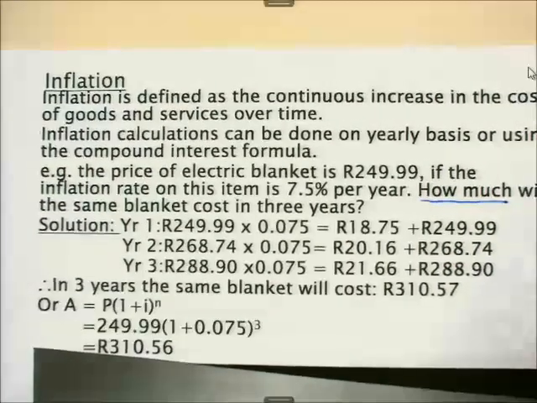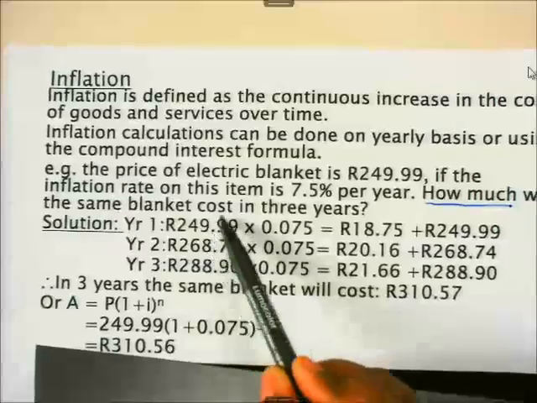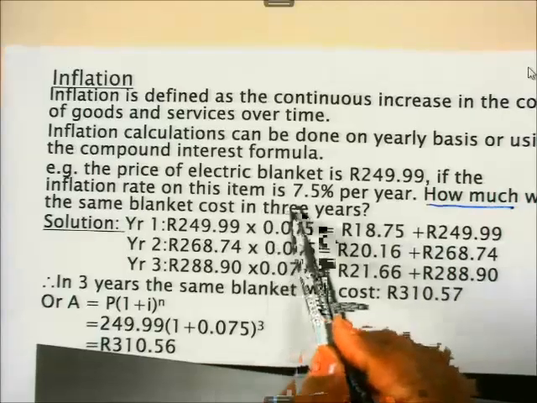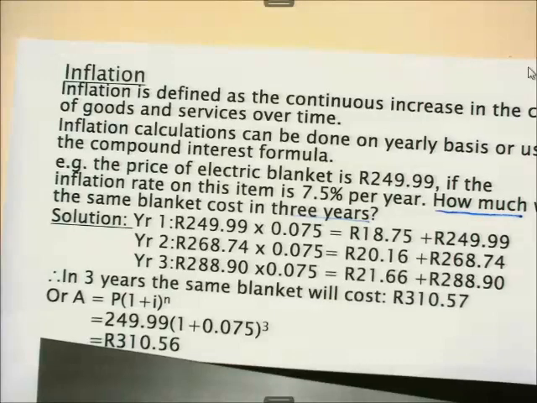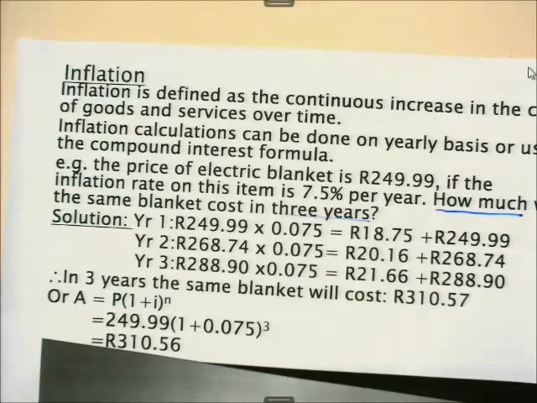How much will the same blanket cost in 3 years? Remember, I said we can do calculations on a yearly basis, or we can do calculations using the compound interest formula. But you must remember, CAPS requires us basically to use the yearly basis formula.